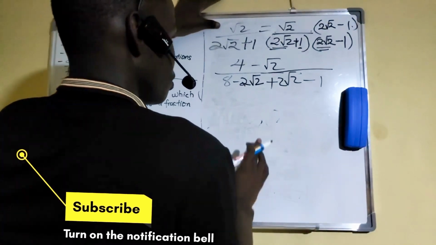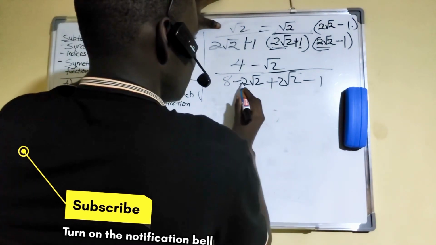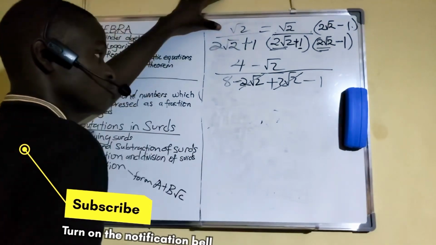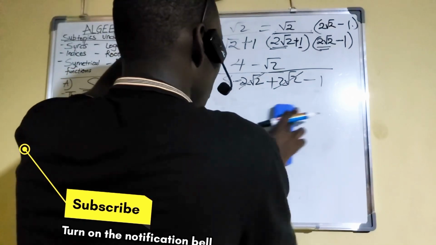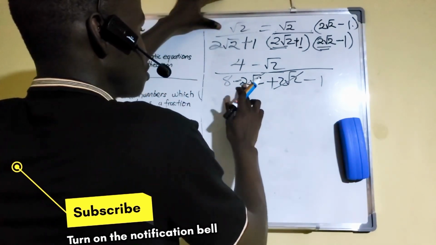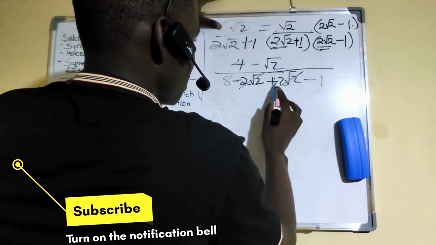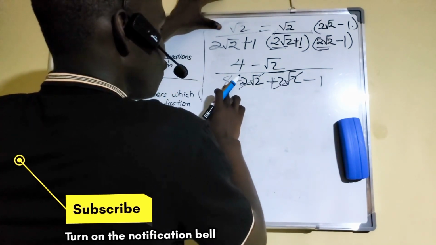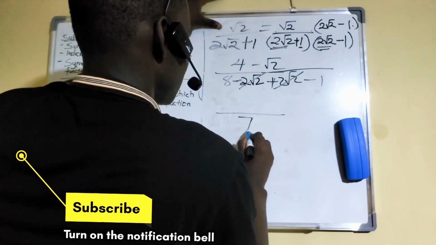I can continue simplifying this. Now this is a negative, this is a positive, 2 root 2. You're not allowed to cross, but for now, for better explanation, you will allow me to cross these two, showing you that this negative has cancelled out with this positive 2 root 2. Now 8 minus 1, that is 7.